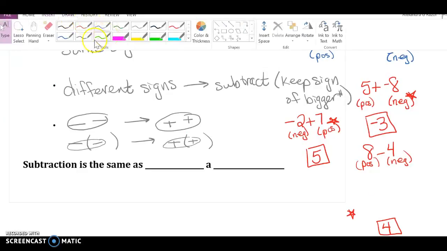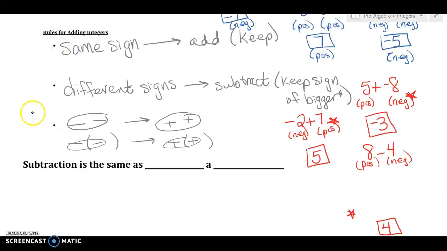So if I have 3 minus negative 2, I want you to physically circle it and make it plus. And now I have two positives, positive and positive. So it's going to be 5. Okay, negative 6 minus negative 4.